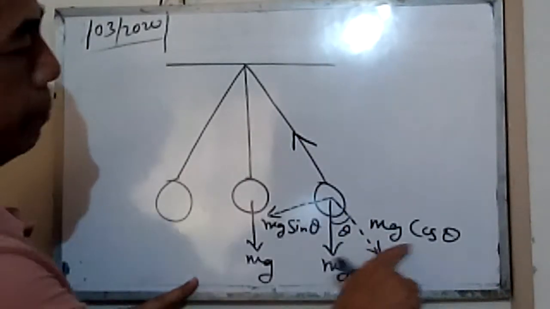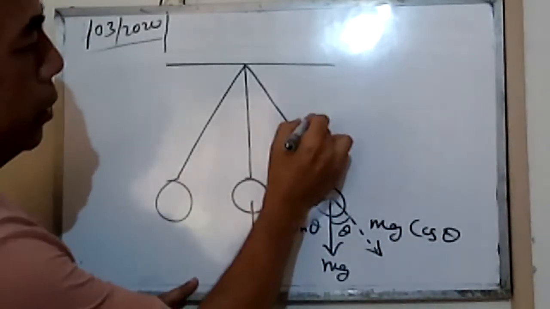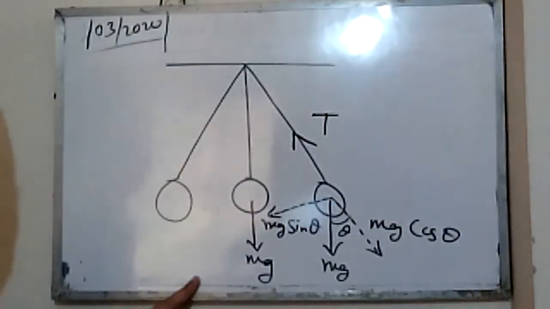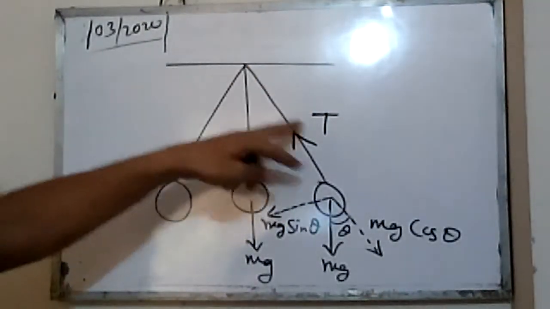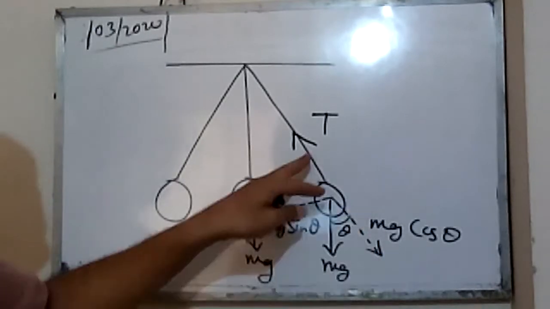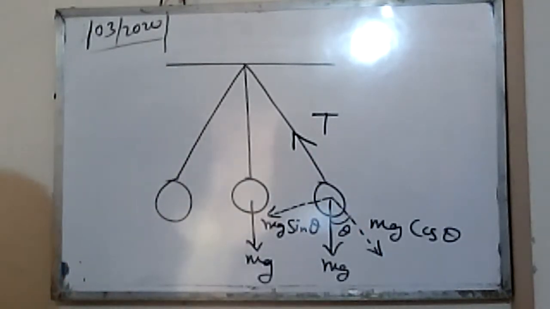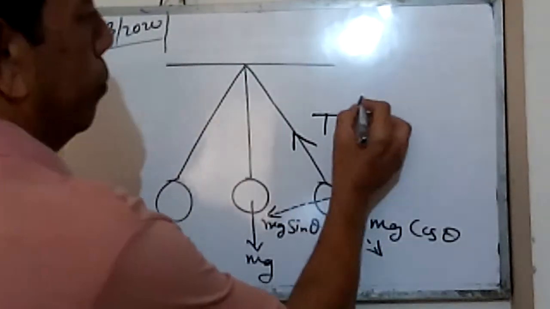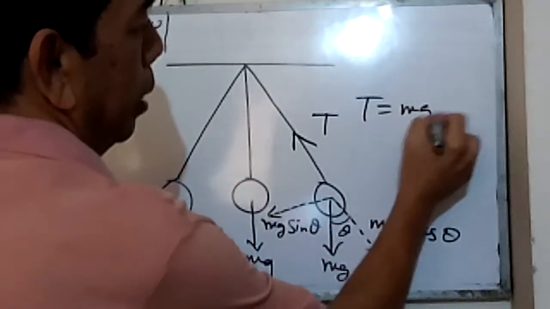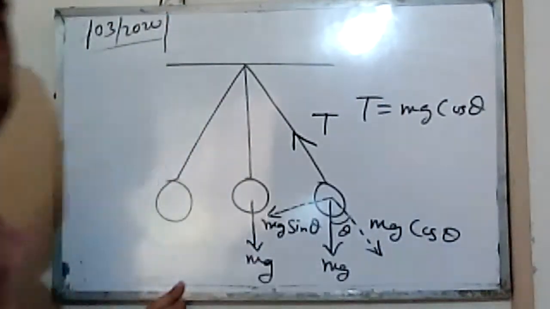Now, this mg cos theta and the tension of the thread, these are two equal and opposite. Therefore, T equal to mg cos theta.